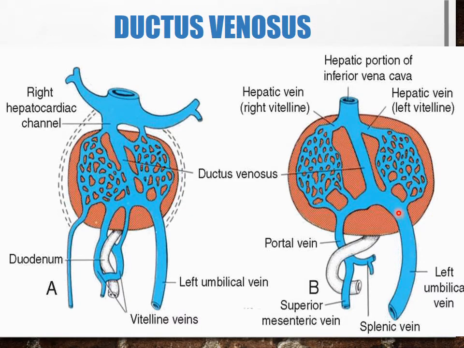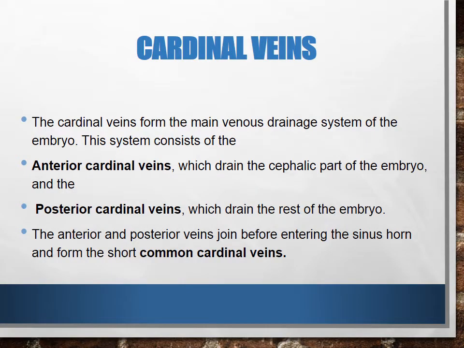So the umbilical vein becomes an obliterated cord, the ligamentum teres hepatis, and the ductus venosus gives rise to the ligamentum venosum, and the right-sided umbilical vein is already obliterated during the embryological period.